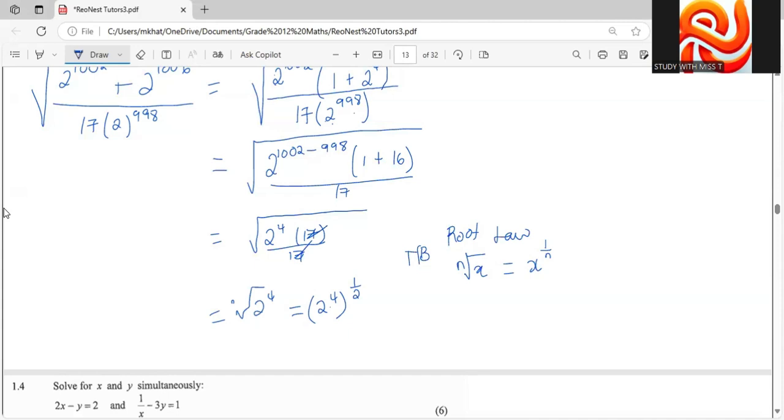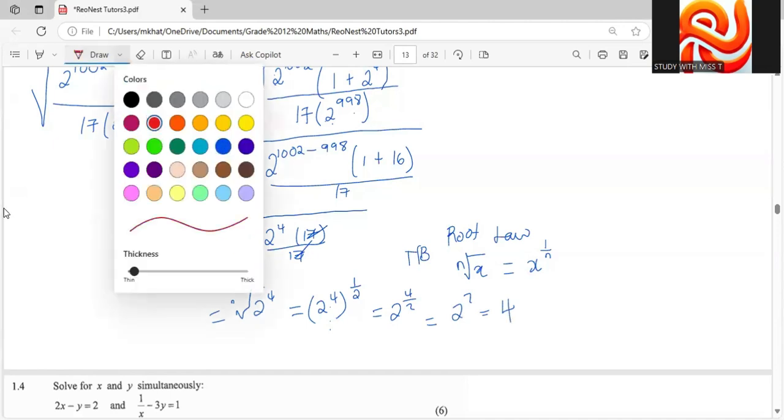So now here, we are going to use the power of a product, if I remember well. So now we're going to have 2 to the power 4 over 2, which is 2 to the power 2, which is 4. So this is your final answer.